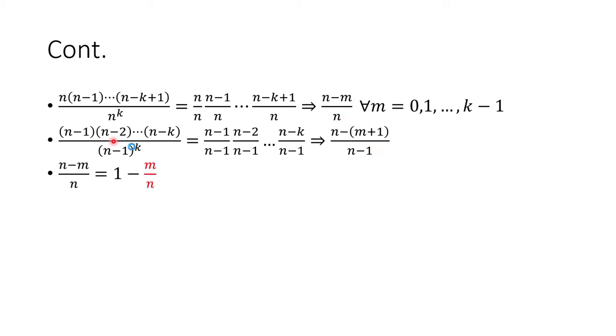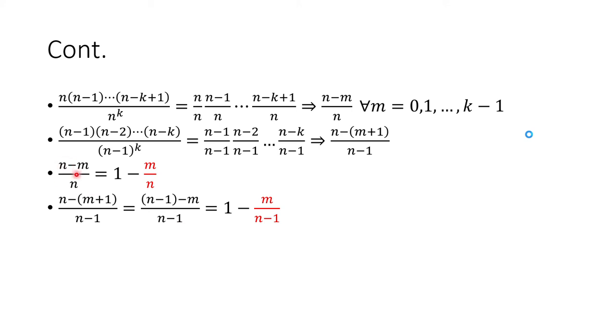So (n-m)/n is equal to 1 - m/n. And this one, (n-1-m)/(n-1), is 1 - m/(n-1). Now compare these two terms. One is 1 - m/n, the other is 1 - m/(n-1). Obviously m/n is smaller than m/(n-1), so 1 minus a smaller number will be larger.